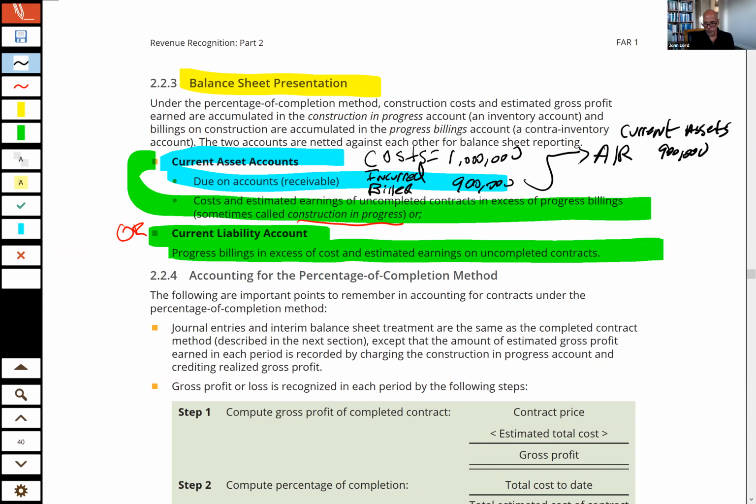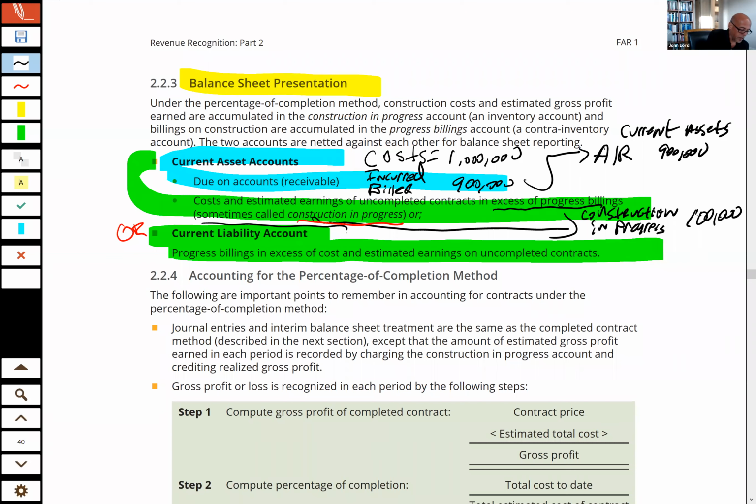The other current asset is going to be construction in progress, which is going to be 100,000. That is the excess of costs over progressive billings, sometimes called construction in progress, 100,000.